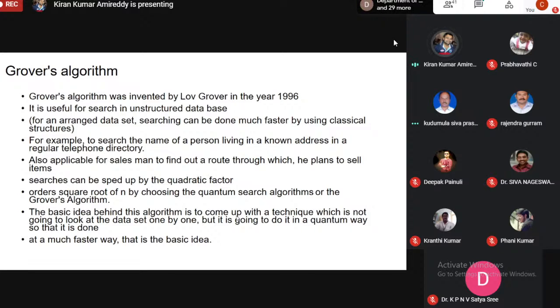So what Grover's algorithm will do is it will not go and touch the periphery of that word, meaning it will not take the entire alphabet, starting with the first letter A, and compare with our target. What it will do is take in the entire domain. For that we have the oracle operation for looping. So we'll apply the oracle on the entire search domain and it will check whether our target is there.